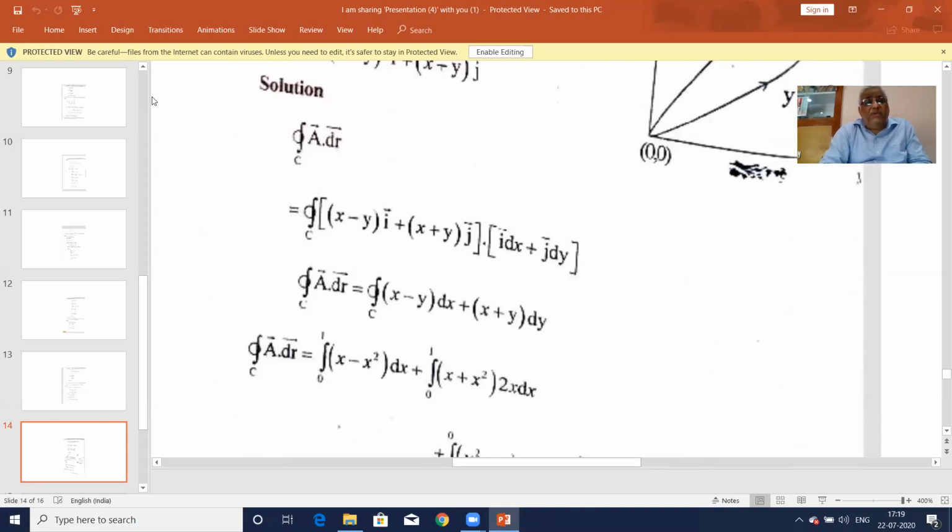A is (x minus y) i plus (x plus y) j, dotted with i dx plus j dy, which is dr. Solve this integral, and we get this value.